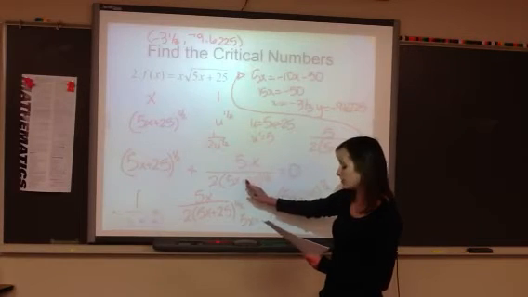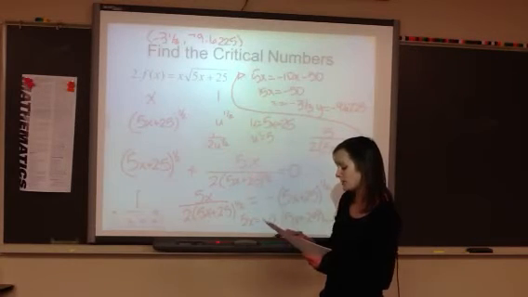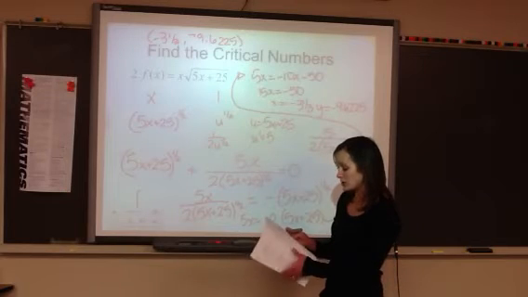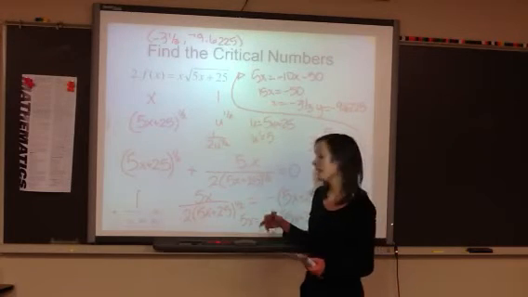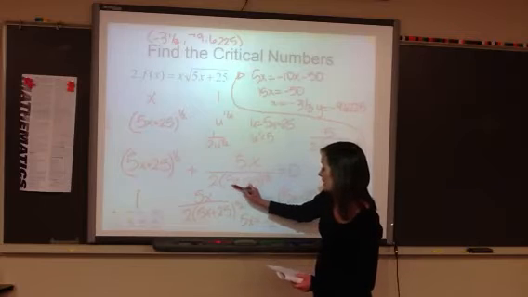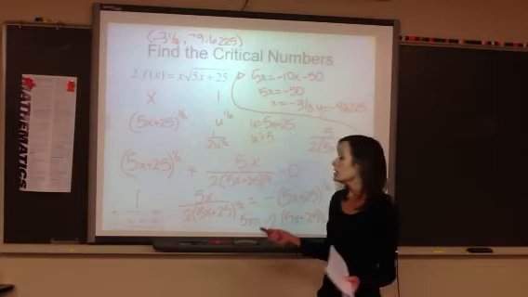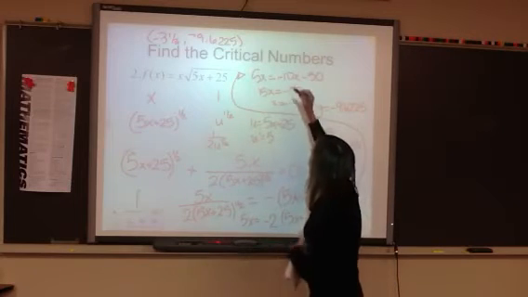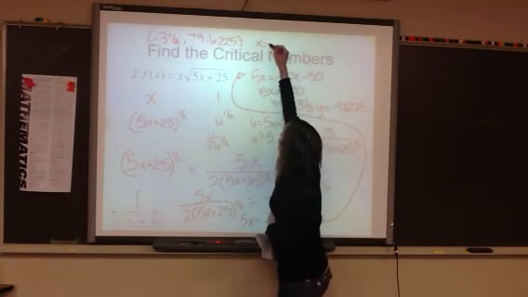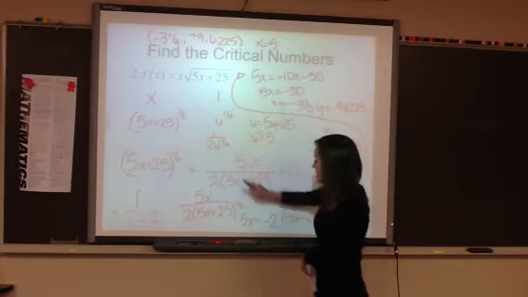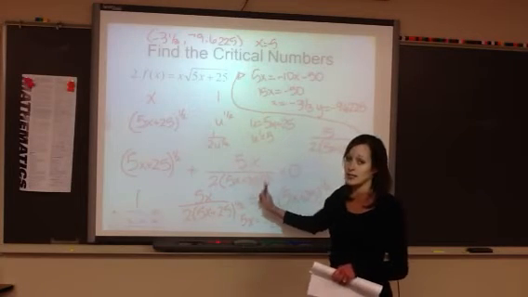Since x is in our fraction here, we have to state where it's undefined. So what makes our denominator 0? And that is at negative 5, because 5 times negative 5 is negative 25, plus 25 is 0. So, at x equals negative 5, we have a critical number because it made our derivative undefined.